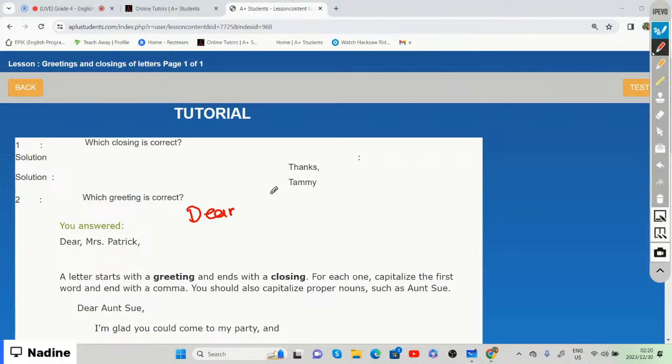And when we close, you can either say Thanks, you can say Regards, you can say Kind regards, and the person's name, or the person's name and surname, or just the person's initial and surname. That is when we close off.